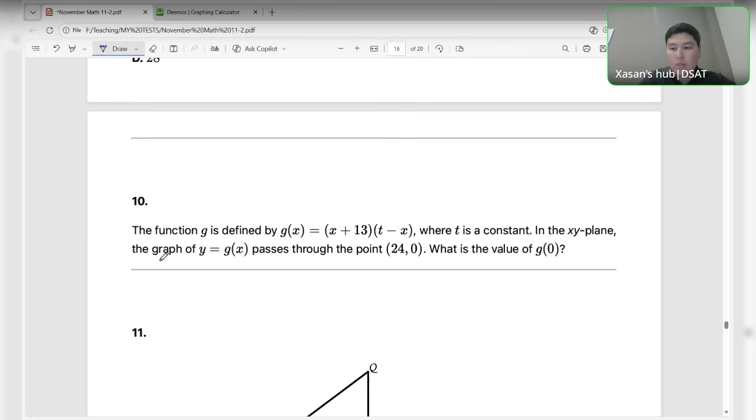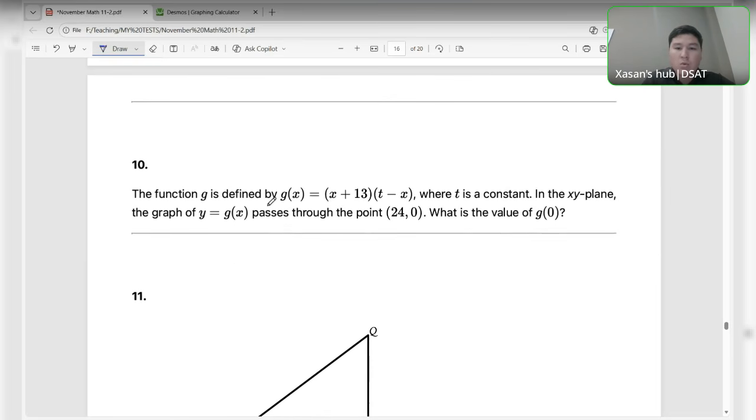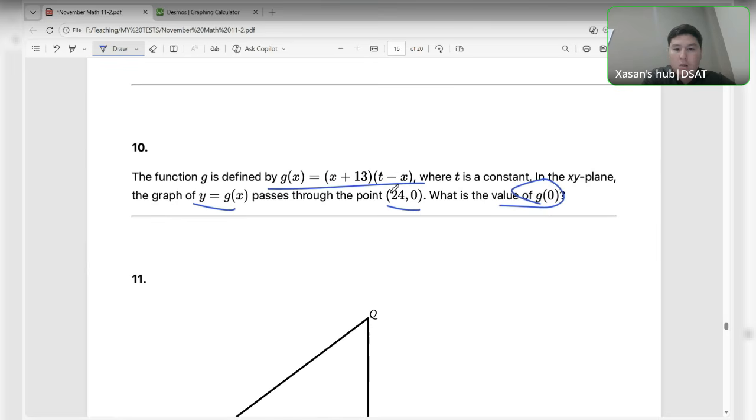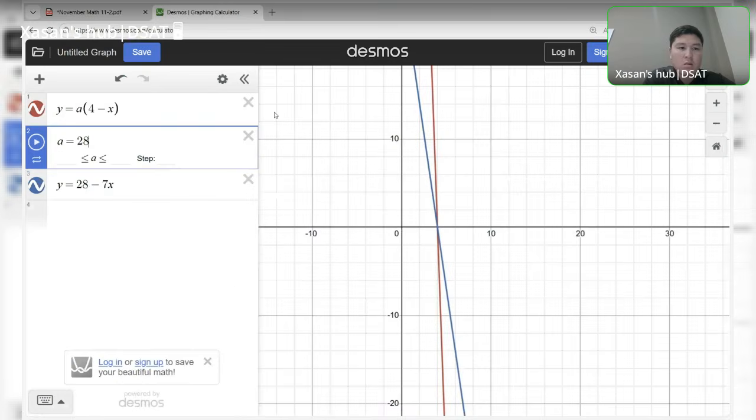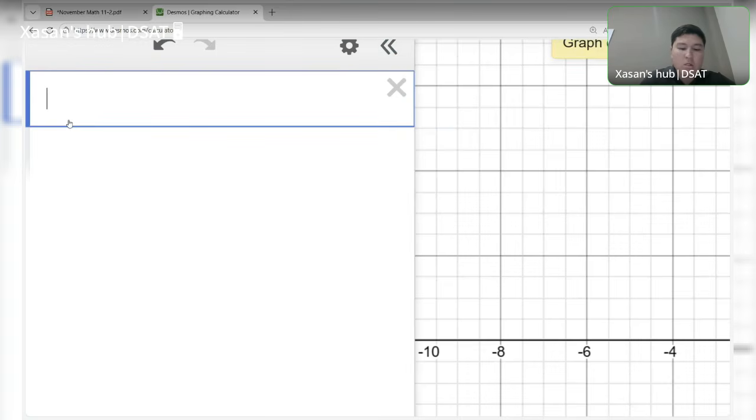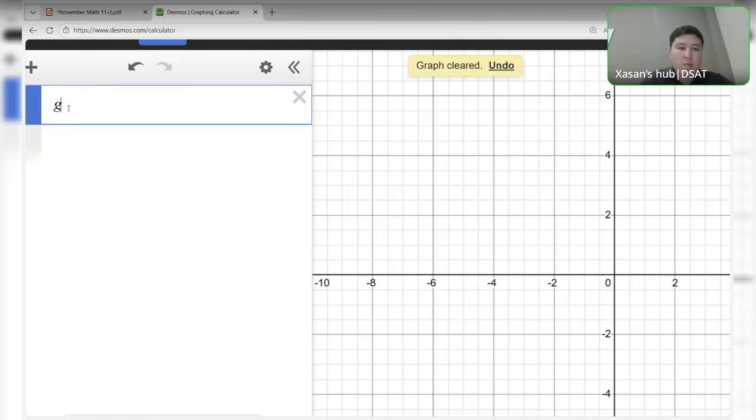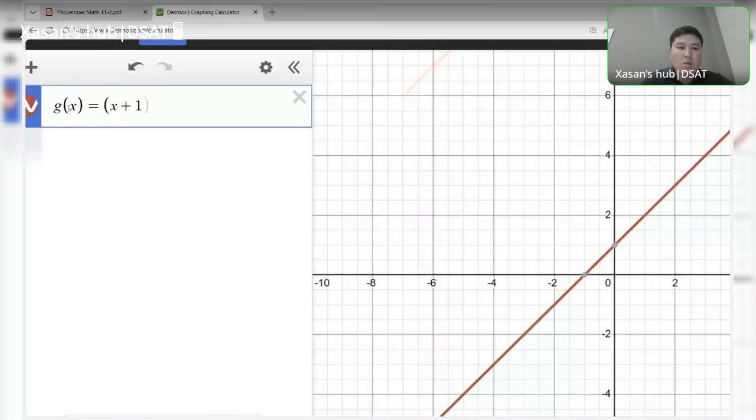And then we have question 10, guys. Just one more thing. The function g is this one, where t is a constant in the xy plane. The graph of y equals g of x passes through the point (24, 0). What is the value of g of 0? Desmos, guys, we have the function g of x now equals (x plus 13) times (t minus x).